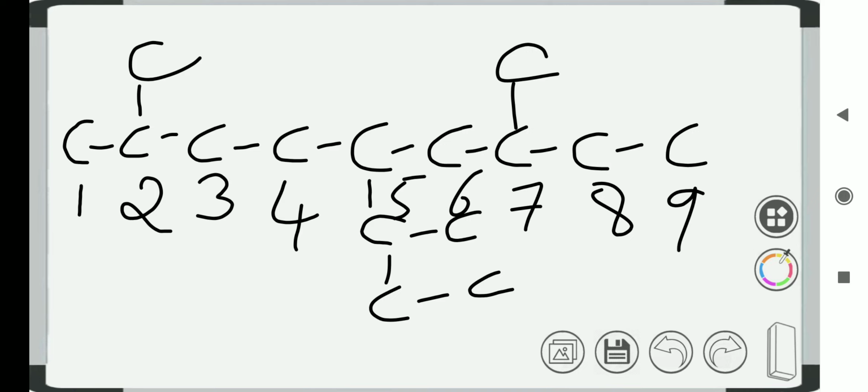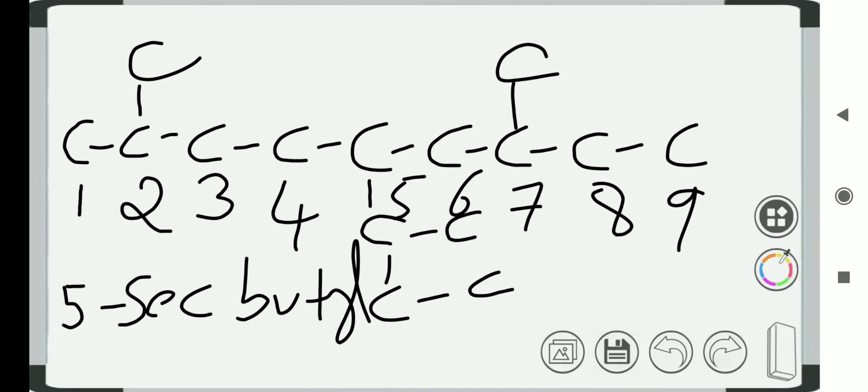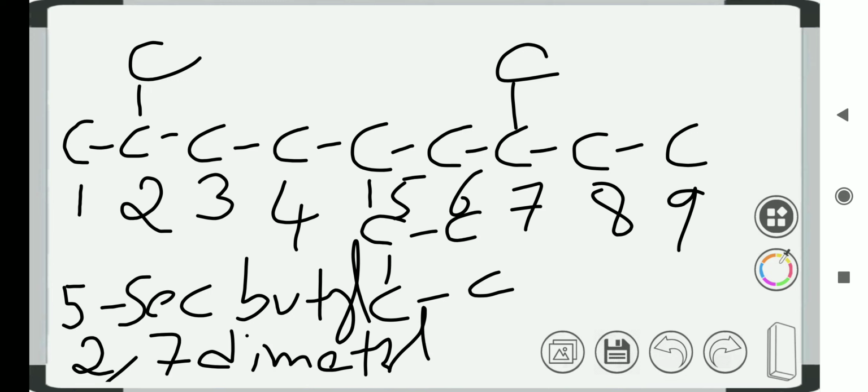This is a secondary butyl at the 5th position: 5-secondary butyl. Then 2 comma 7, we have two methyls, dimethyl, and the total number of carbon atoms is nine, nonane.